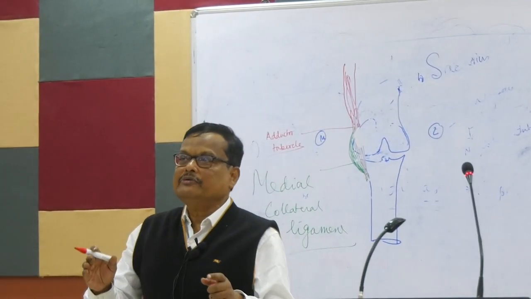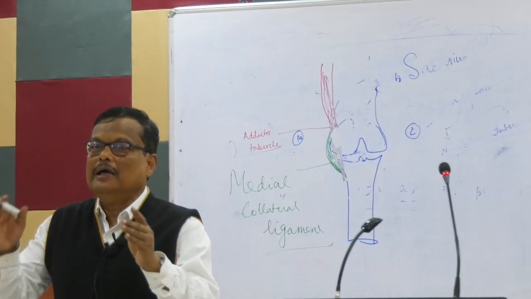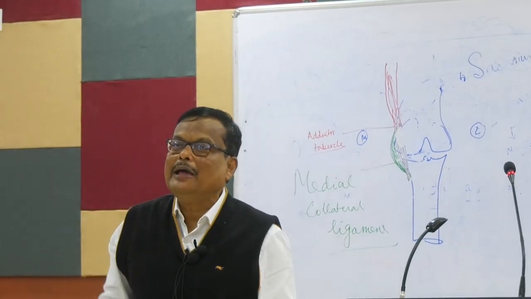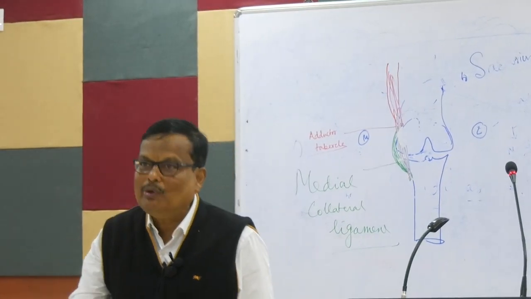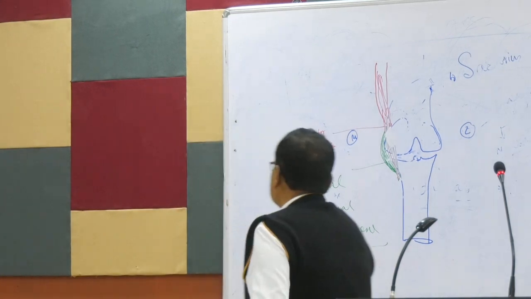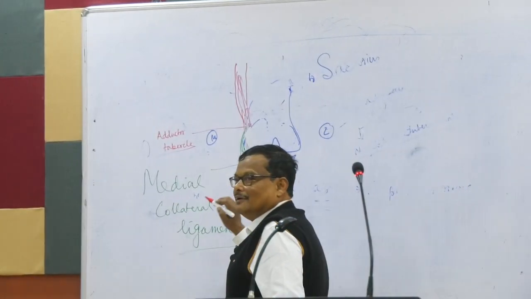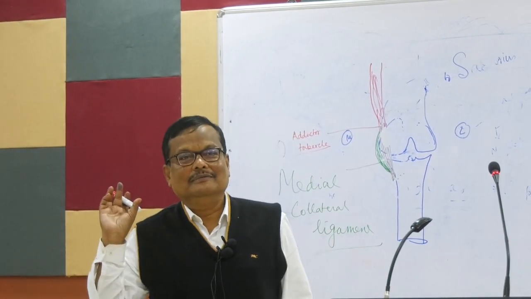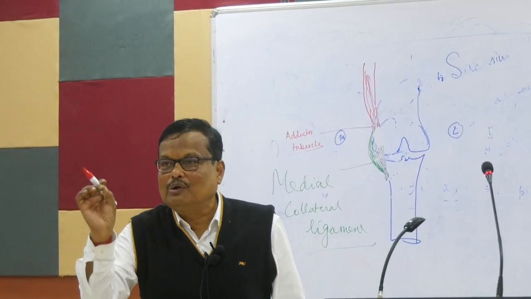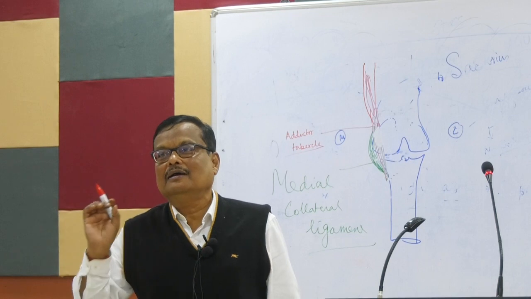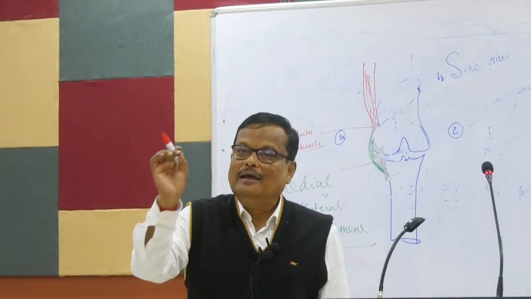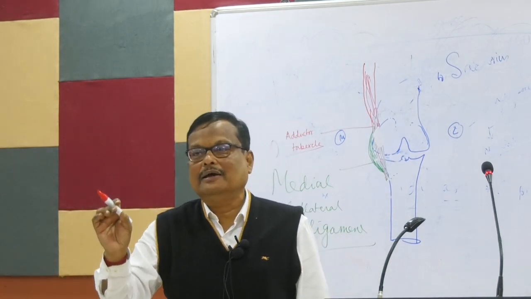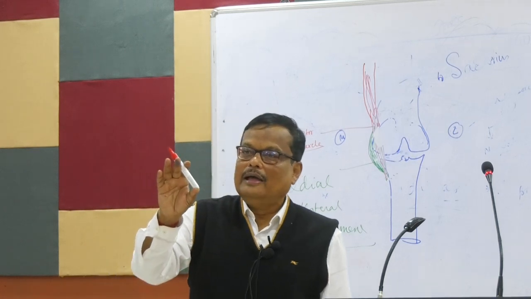So the medial collateral ligament is nothing but the degenerated part of the adductor magnus. So actually the adductor magnus is inserted into the tibia, but not as a muscle, but as a ligament. So we include the ischial fibers of the adductor magnus in the hamstring group.